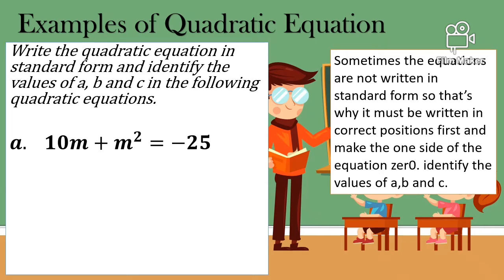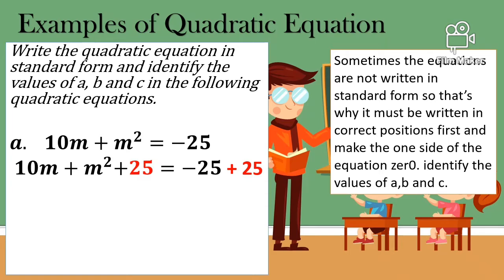And then, you can identify the values of a, b, and c. Let's process the equation. In this equation, we have applied the addition property of equality to make the other side of the equation 0.